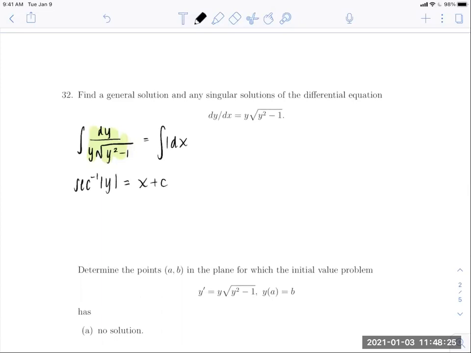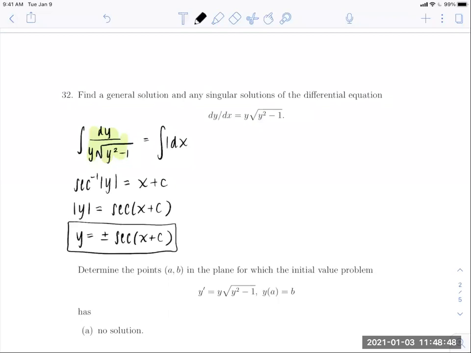Okay, let's go ahead and solve explicitly for y here by taking secant of both sides. And then I'm going to pay for that absolute value with a plus or minus. All right, and so this right here is my general solution to the differential equation.